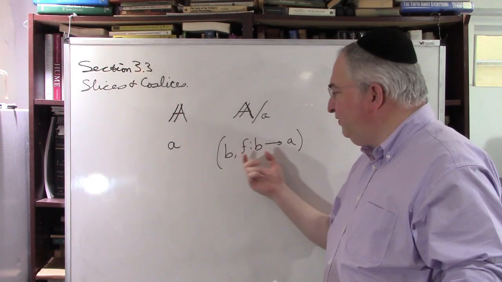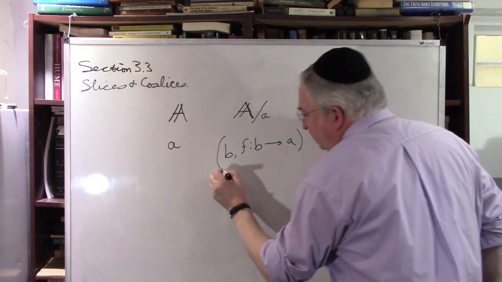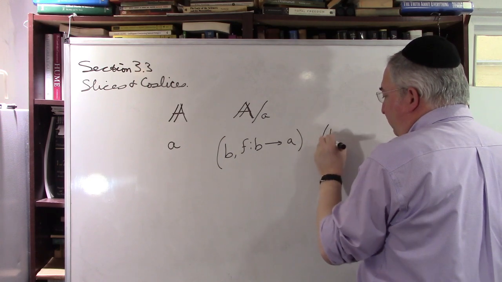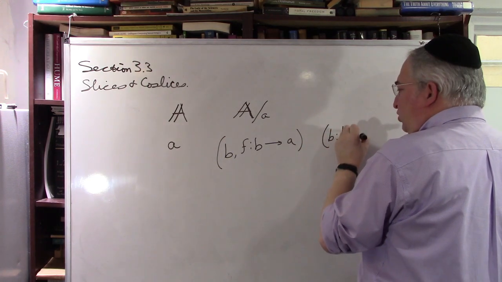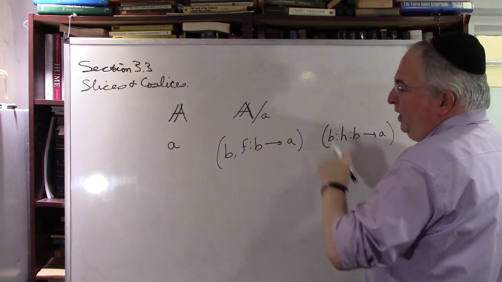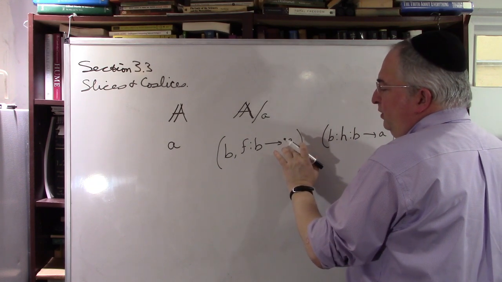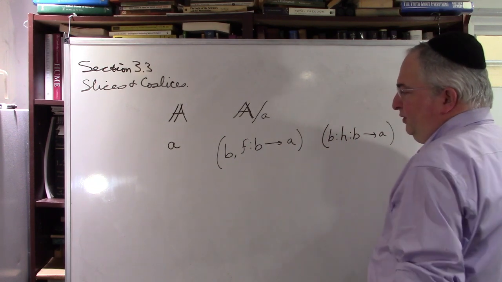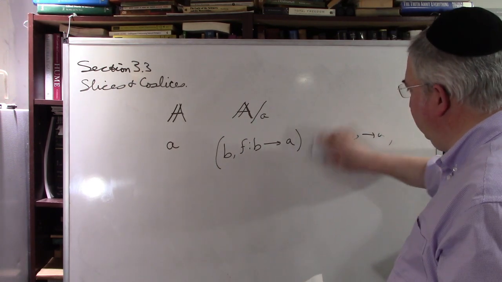So they're pairs of things: B is one object, and a morphism like that. Now, the main point is that you could have B, and then you could have, say, h from B to a. The main point is they all have the same codomain, a. So those are the objects in the category.